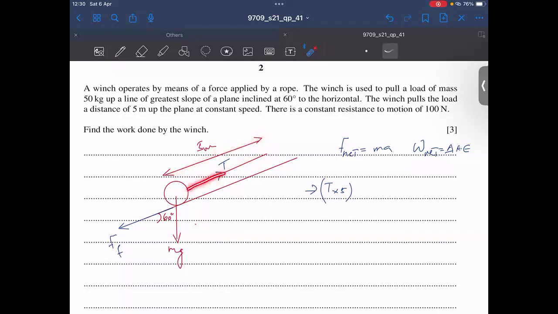If the direction of force and displacement are the same, then that work done is taken as positive. But this force of friction acts opposite to the displacement, so the work done by friction is going to be taken as negative.